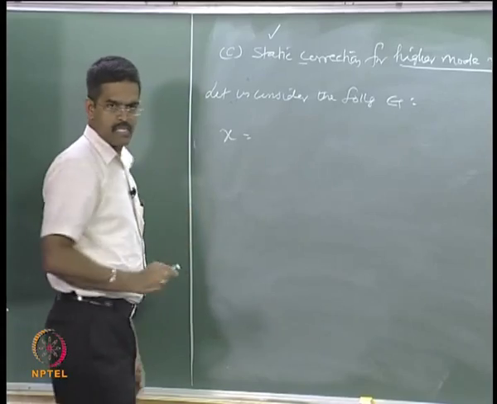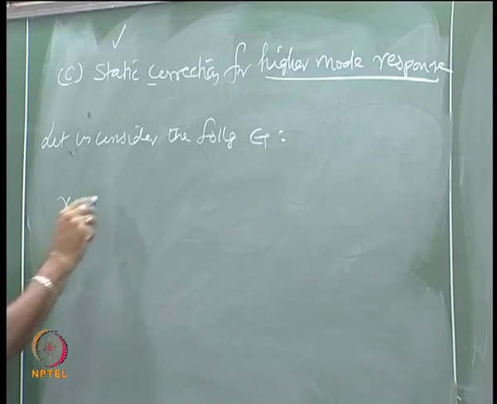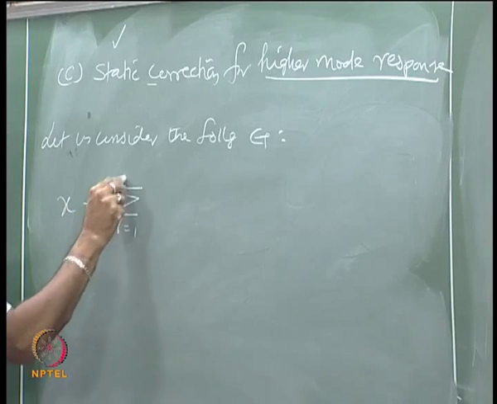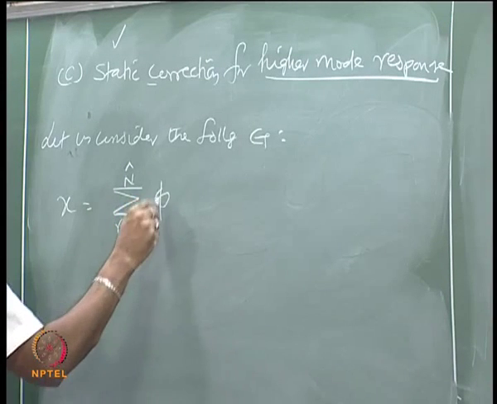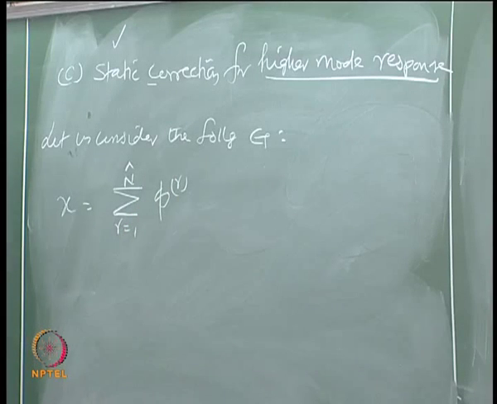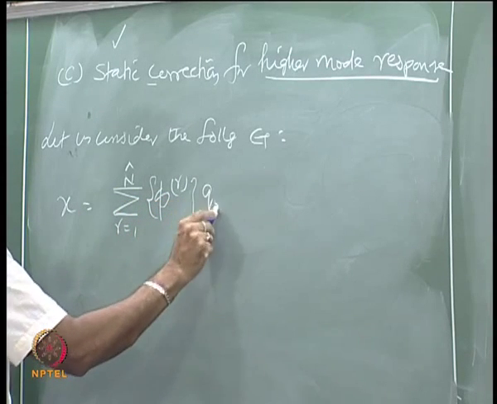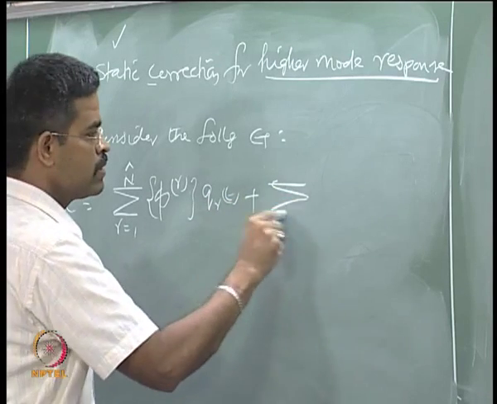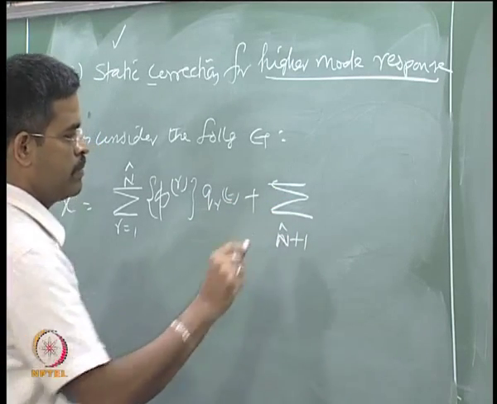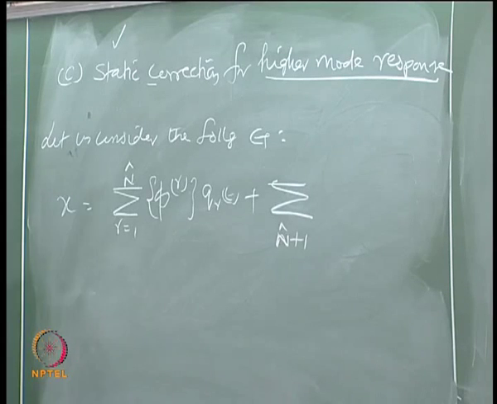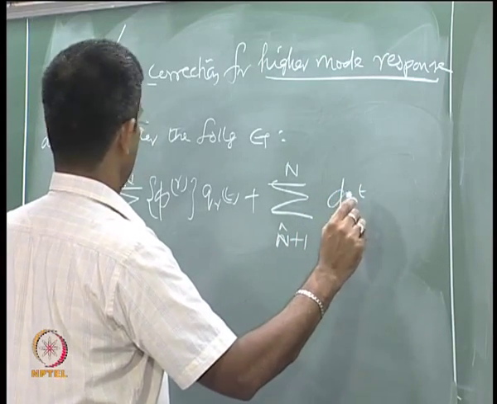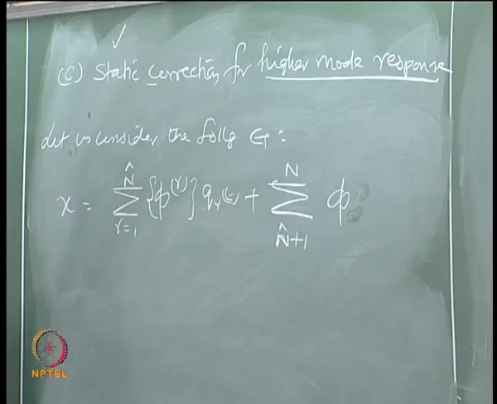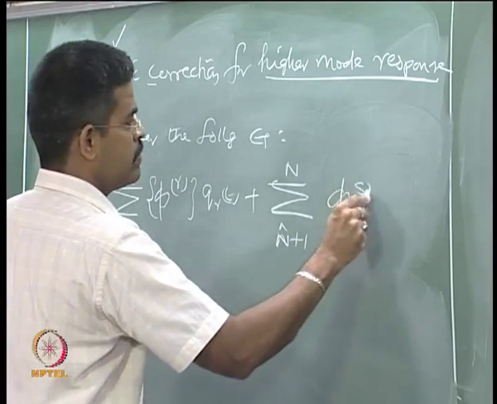X is my response, which is given by the summation from r equals 1 to n hat, where n hat is the truncated mode, of phi r vector q r of t, plus the summation from n hat plus 1, the next mode, till n, of phi s q s of t.